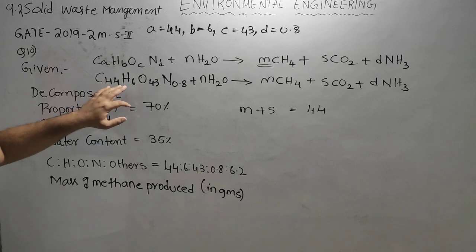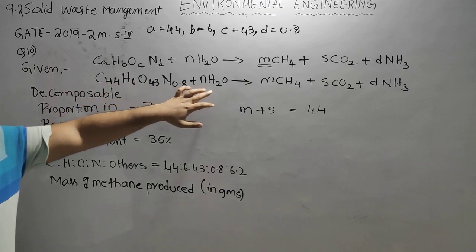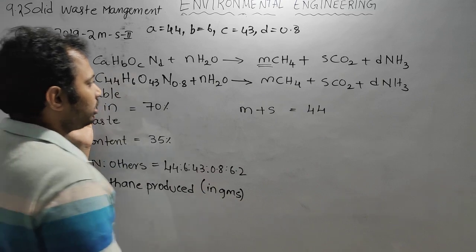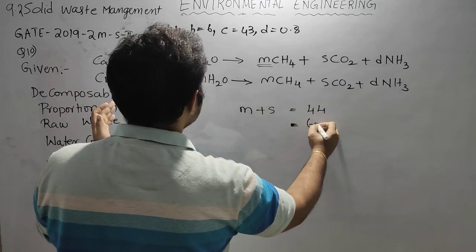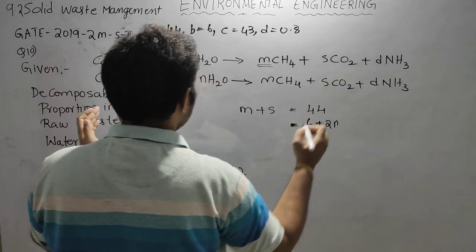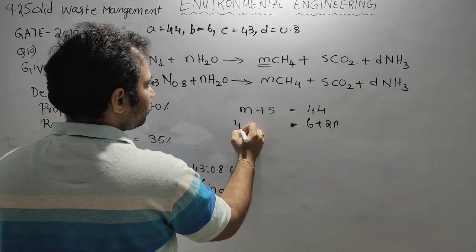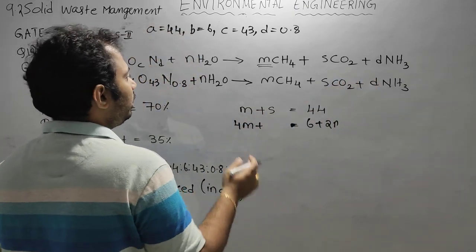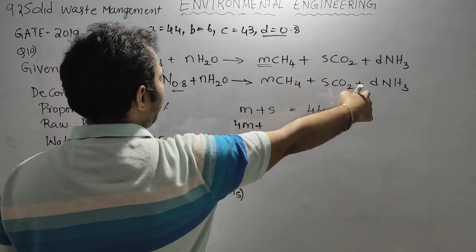Again come here, how many hydrogens are here? 6 hydrogens here, 2n hydrogens here. So on the left hand side it is 6 plus 2n. On the right hand side, 4m plus 3d. See, d we already know, this is d, the same d given there.